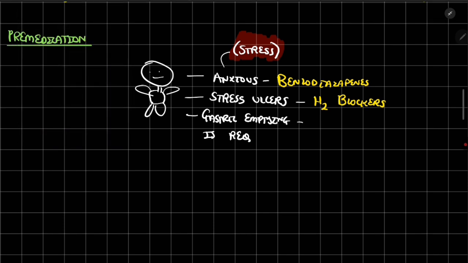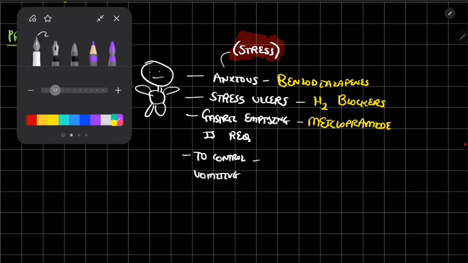For this gastric emptying, which drug can we give the patient? We can give a prokinetic, which is metoclopramide. And sometimes you have experienced that if you are under very much stress and anxiety, you are prone to vomiting. To control vomiting in this patient we give antiemetics.